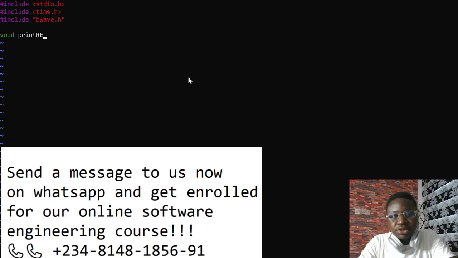And so print receipt, print receipt. Okay, so there are some things that will be here. First is a const char pointer, and this one will tell us the transaction type.